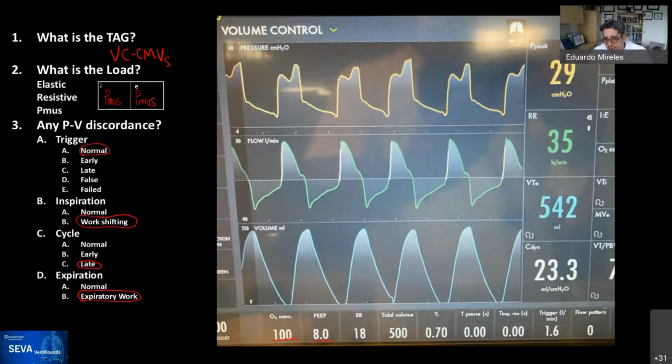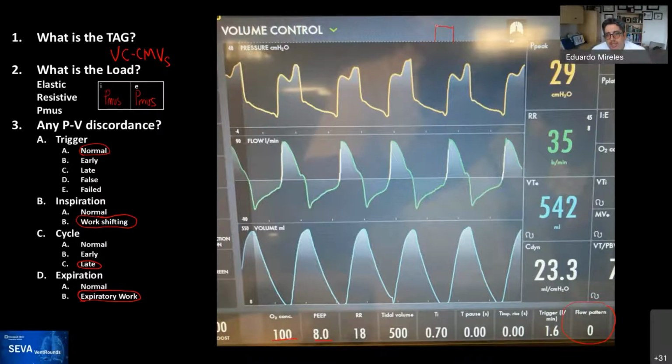So you see down here this flow pattern, this little circle down here. The Servo-i has this behavior in which you can set up your flow waveform either as a square, in which case for the flow pattern you just put 100. It goes all the way to 100, and then you start going all the way down in percent.